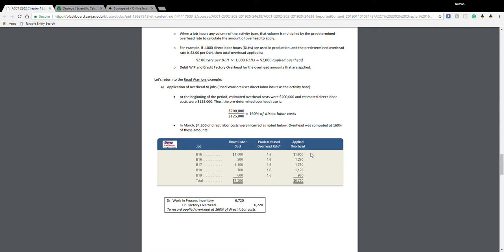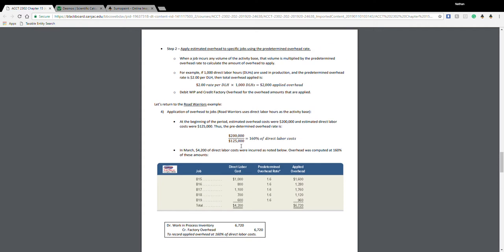So now we know exactly what happened with that job. 1.6 times 1,000. So using this applied over here, step 2, we have 1,600. Same thing, 800 times 1.6, 1,280. Now notice that we actually did use the predetermined rate, now in basically a decimal form.